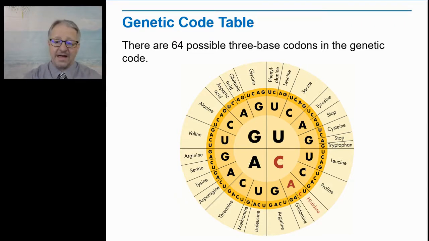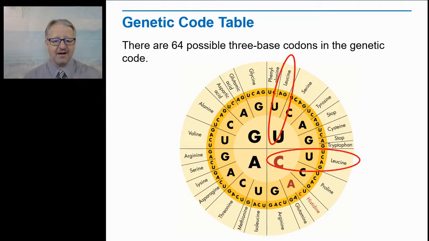Now, most amino acids can be specified by more than one codon. For example, there are 6 codons, which are UUA, UUG, CUU, CUC, CUA, and CUG. They all specify leucine.